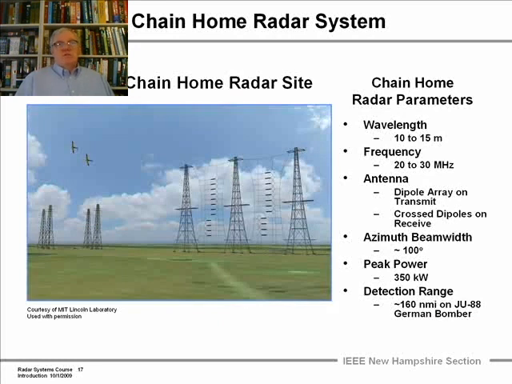Now let's look at the air defense radars that the British built. These used the technology of the day, very long wavelengths, 10 to 15 meters, and frequencies between 20 and 30 megahertz. So 30 feet to 45 feet was a wavelength. And dipole antennas can be built at a half wavelength. And there's a string of 8 dipole antennas.